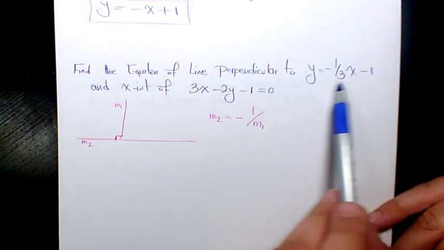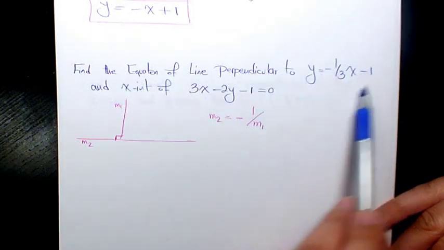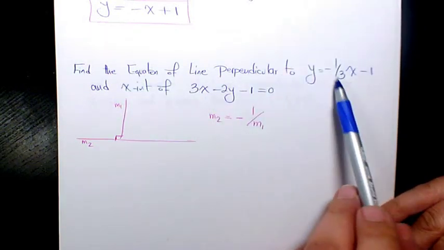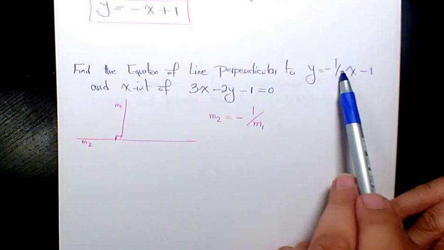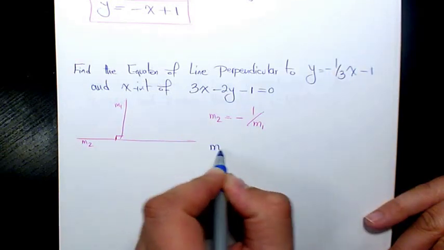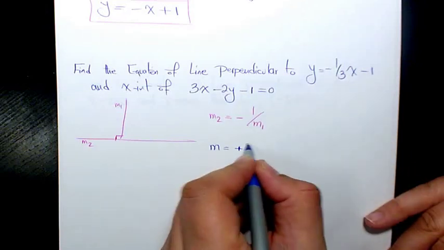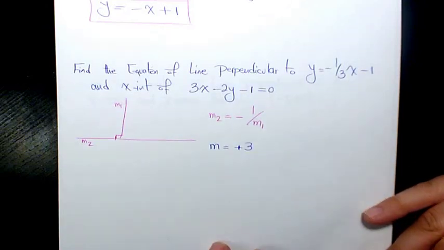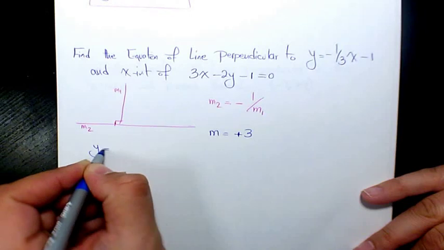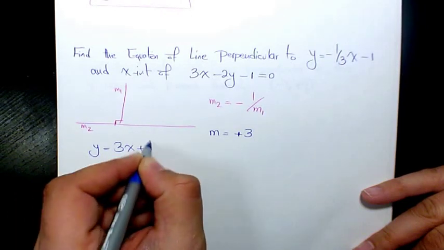It means that the slope of this line is negative 1 over 3, so our line is going to have the positive inverse of 1 over 3, which is just 3. So we have y equals 3x plus b.